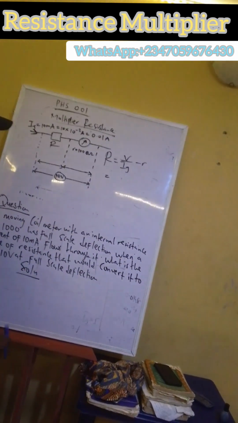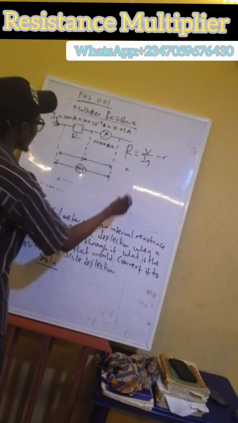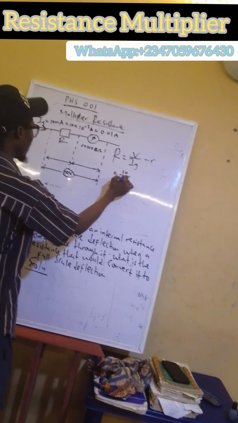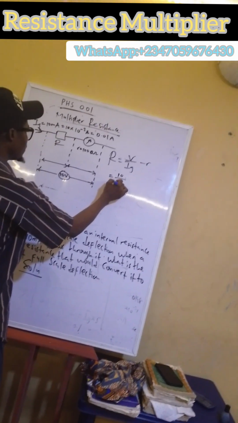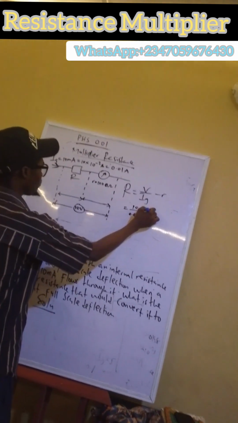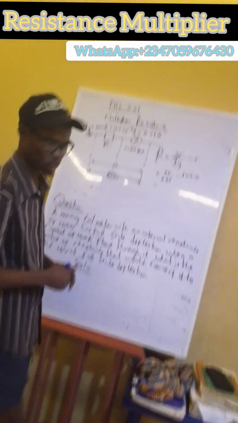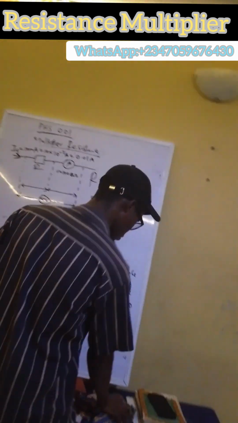Let's substitute our values. Our V here is 10, divided by our IG, which is 0.01, then minus 1000.